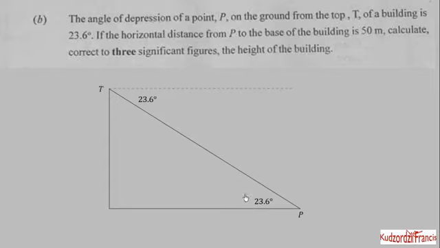So using trigonometry, we can find the height. Let the height be h. You can use the trig ratio tan 23.6, opposite over adjacent.